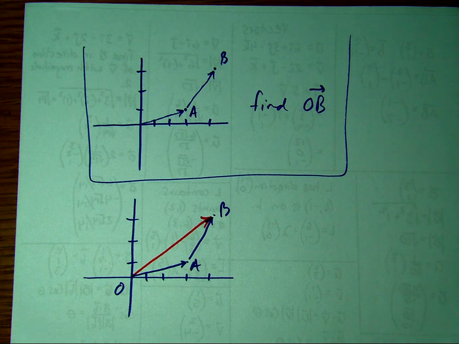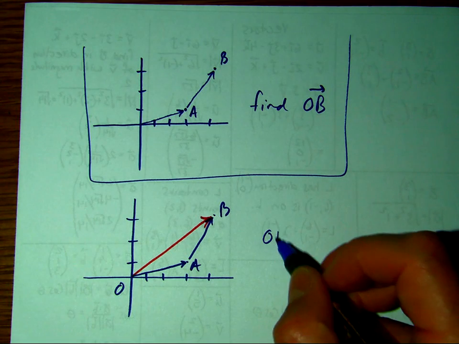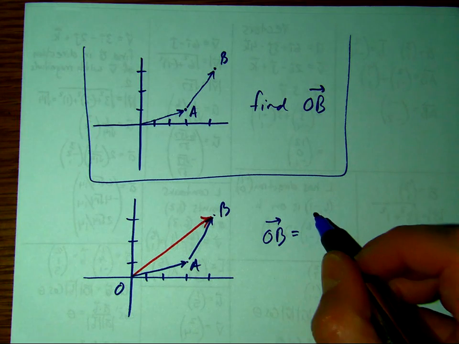We can just look at the graph and know that from O to B, we have to go 1, 2, 3, 4, over 4, up 3.